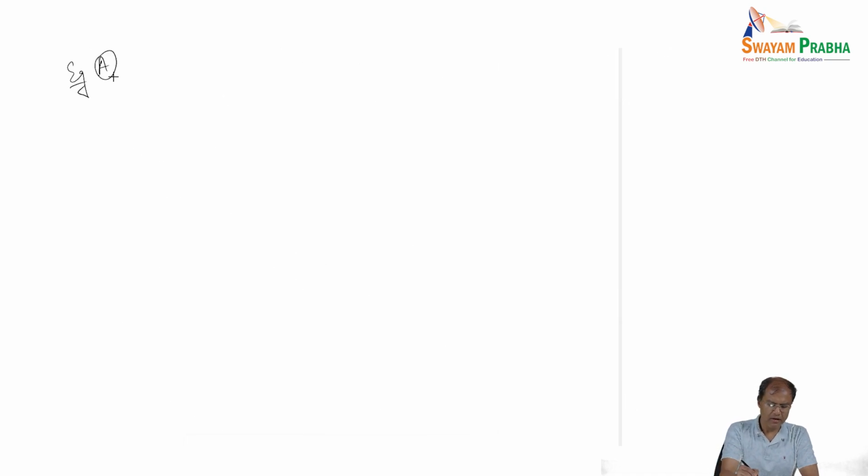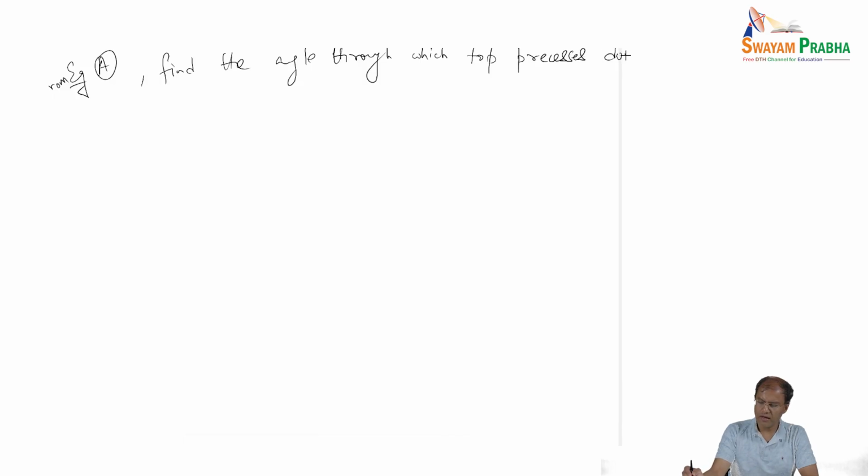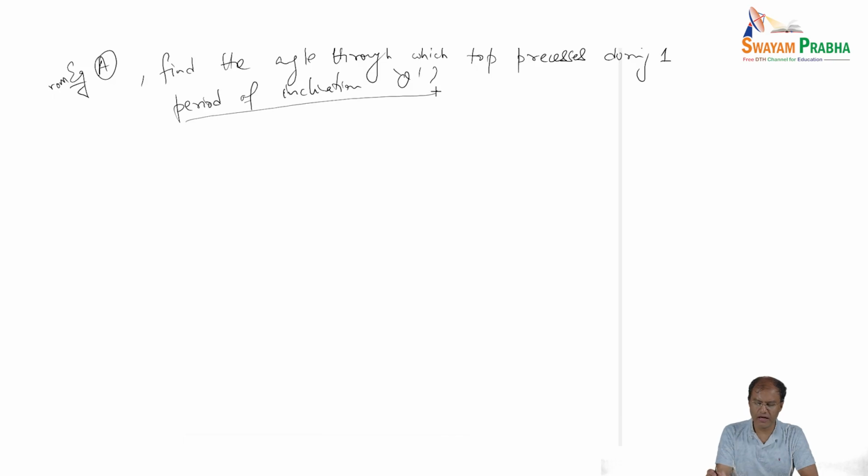So from example A, suppose we want to find the angle through which the top precesses during one period of inclination angle theta. Okay, so find the angle through which the top precesses during one period of inclination.